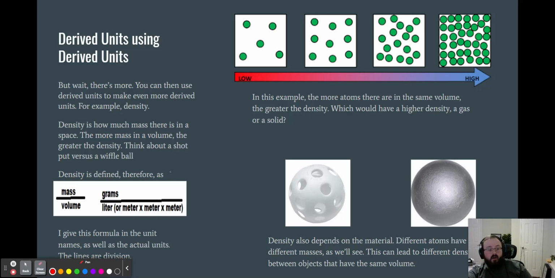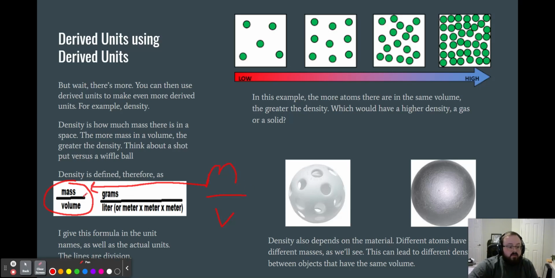Space is referring to volume. So our formula is going to be mass over volume. We'll get into what these symbols mean. I'll make sure to make clear what they represent as we go through this, so that there's no confusion when I just say M over V. It is the same as mass over volume.